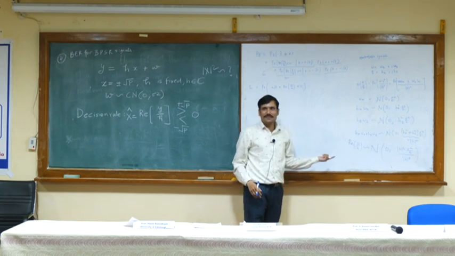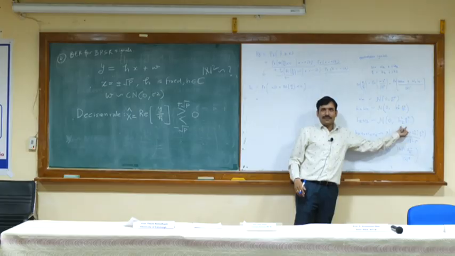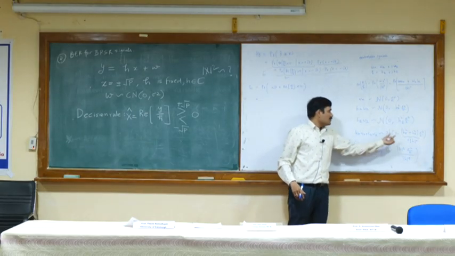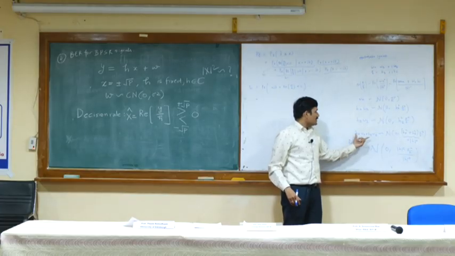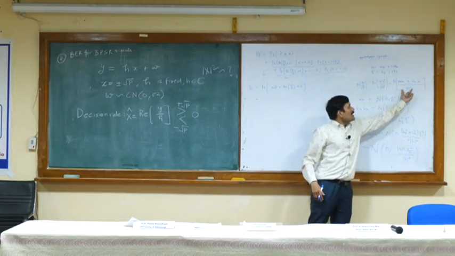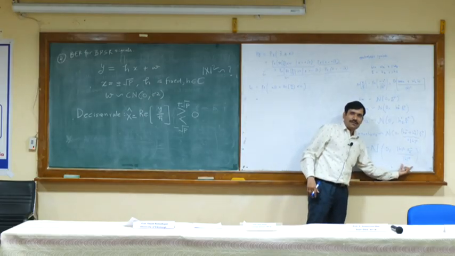Do you understand this? Whatever we have here is squared here and added here. So in real of W divided by H, this thing is divided by mod of H square, so mod of H to the power 4 will come here. Okay.